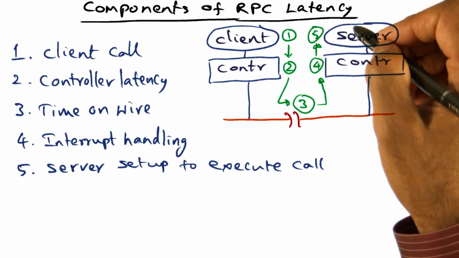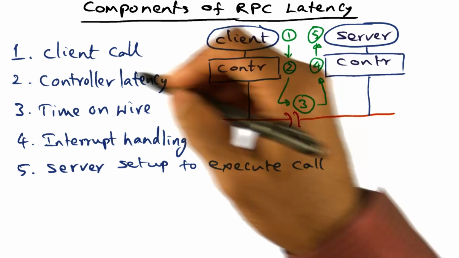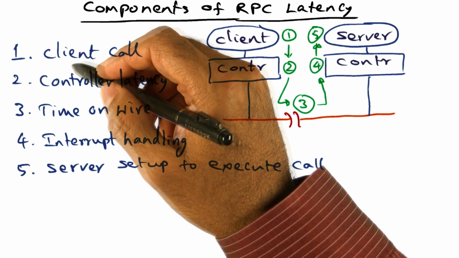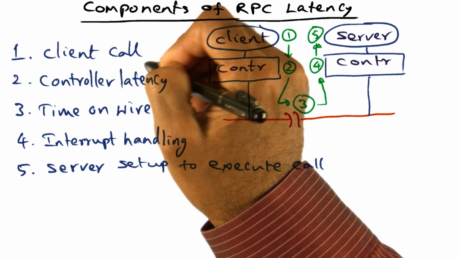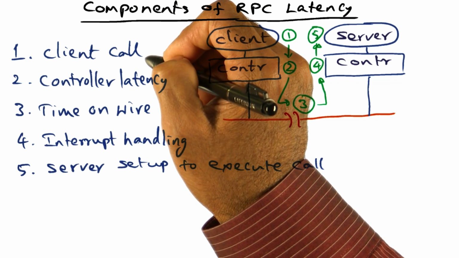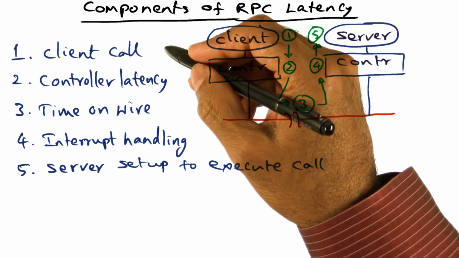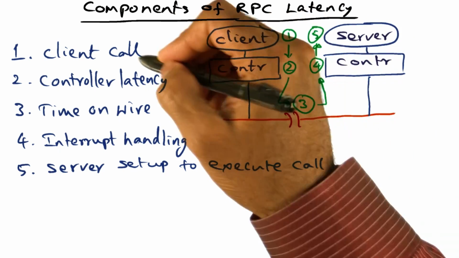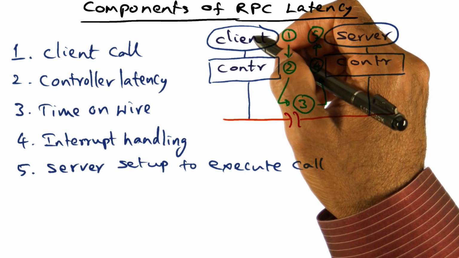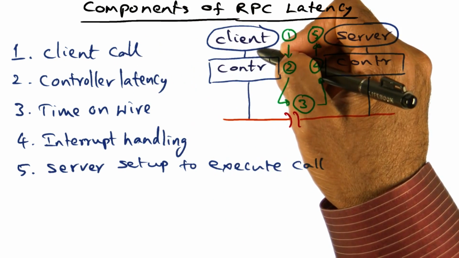So if you look at the components of the RPC latency, it starts at the client with a client call. So the client call subsumes a number of things. Number one, it is setting up the arguments for the call. The client has to set up the arguments for the procedure call. And then it makes a call into the kernel.